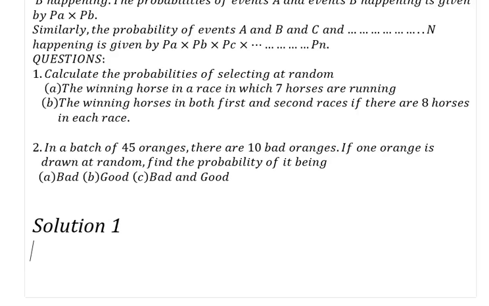So solution A, solution number 1. For A, we have to calculate the probability of selecting at random the winning horse in a race in which 7 horses are running. In this question, we've been told the total number of horses that are running. So since only one of the 7 horses can win, let's put it down for record purposes.